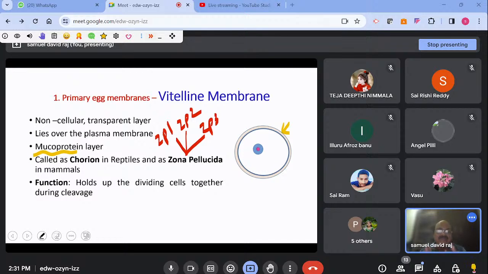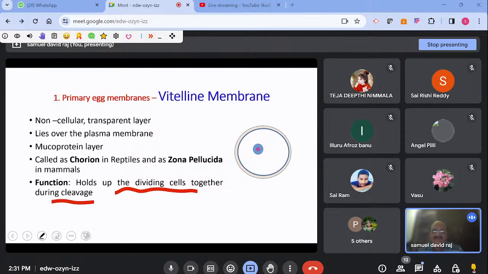Thus, this is what is actually responsible for species recognition between the sperms and ova. And another function is that it holds the dividing cells together during cleavage.